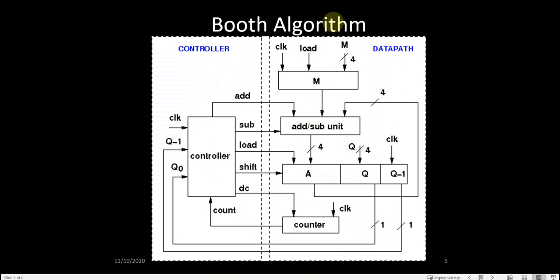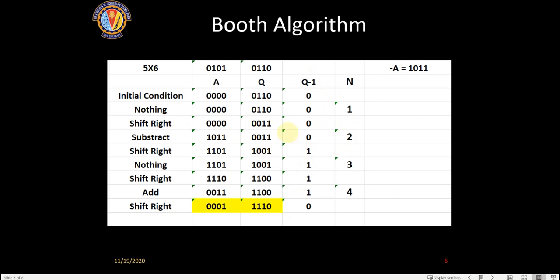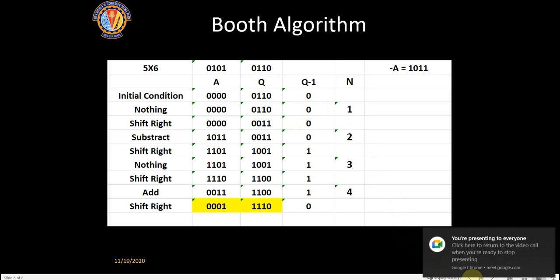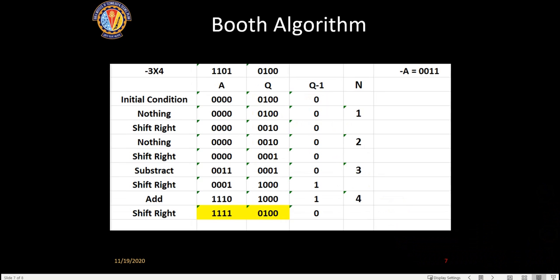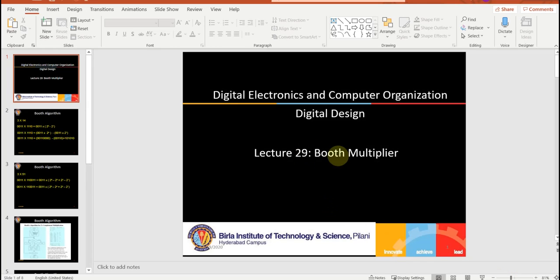This is the hardware implementation. You have an A register, you have a Q register, this is Q minus 1 register, there will be a counter, adder, subtractor, this also we have learnt in our theory classes, this is M, and this is a controller, okay. Let me do this correction here itself so that you don't have a problem.